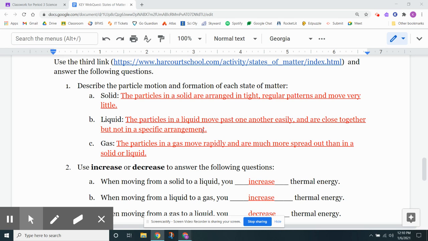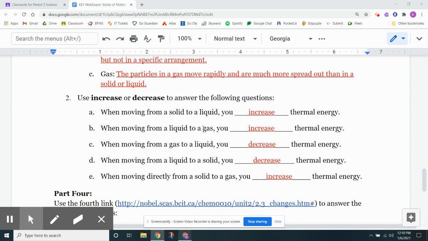When we talk about decrease, we are subtracting or taking away. Thermal energy is a fancy way of saying heat. Okay, so it's basically asking you to go from phase A to phase B. Are we adding heat, making it warmer, or are we subtracting heat and making it colder?